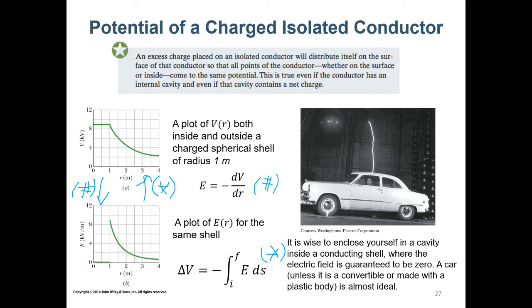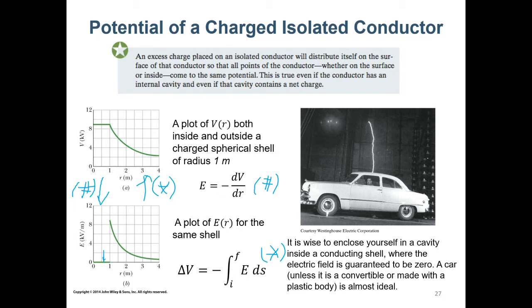So when you take the derivative here, the electric potential is the same between 0 and 1 meter. So the slope here is 0, and you can see the electric field is 0 here.